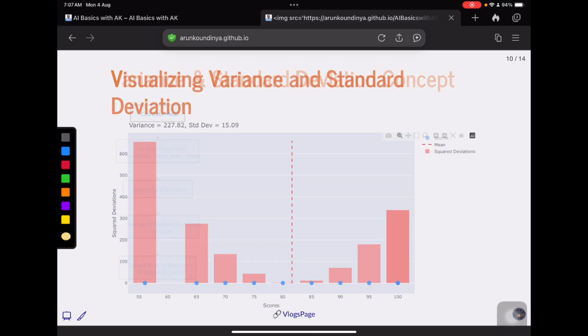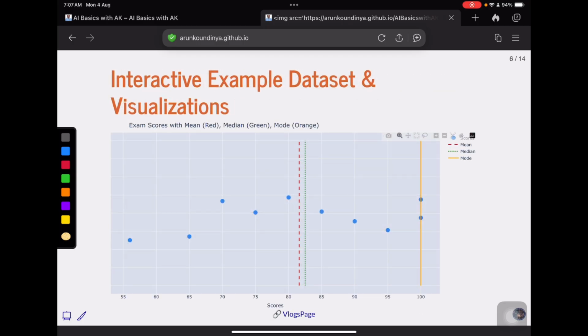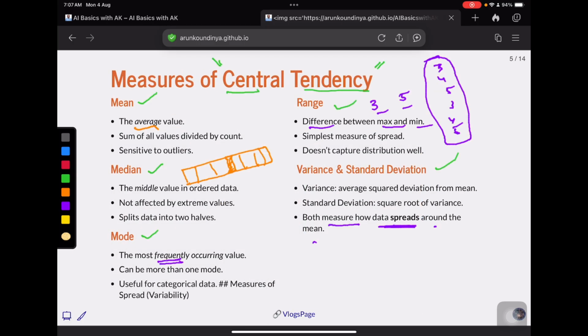Now, let me go back to my original slide, which is called central tendency. What we are trying to do when we have a huge data set of say 30 days, it is not possible for somebody to understand what has happened over 30 days unless we summarize.